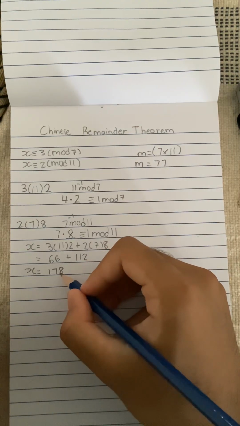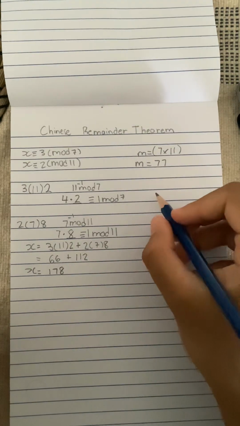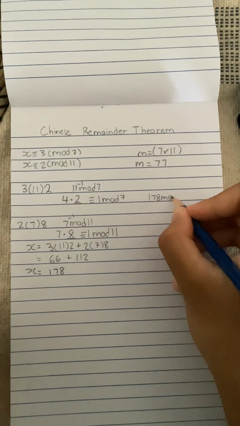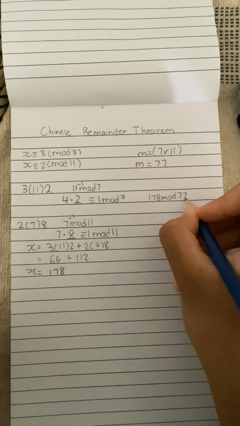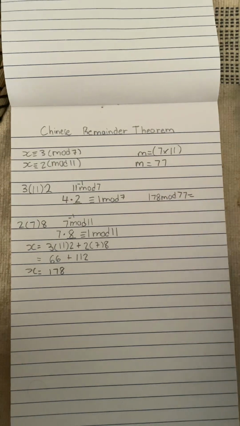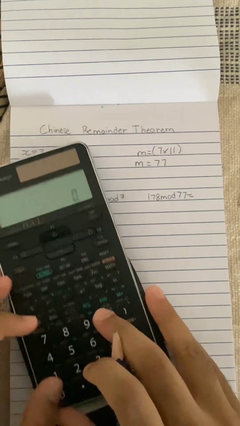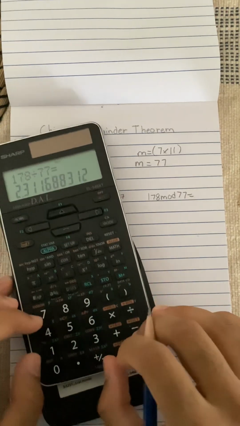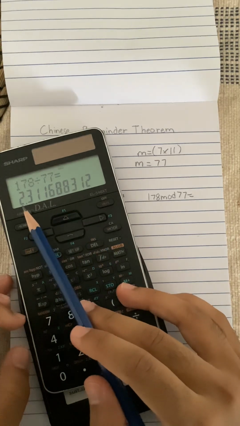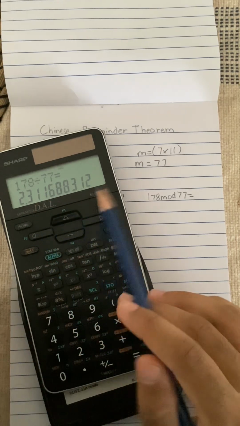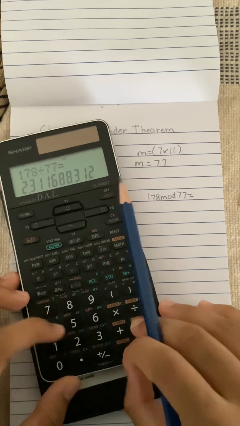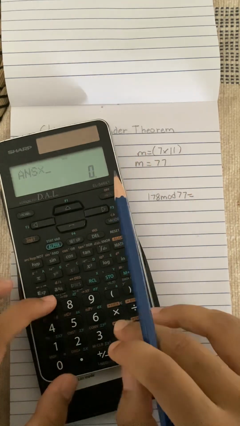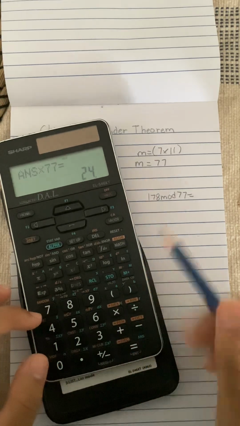So we have 178 and 77. We take the 178 and mod it by 77, and you can do this with a calculator. 178 divided by 77 gives you a whole number and a fraction. You remove the whole number, minus 2, then multiply by the modulus, 77, and that gives you 24.